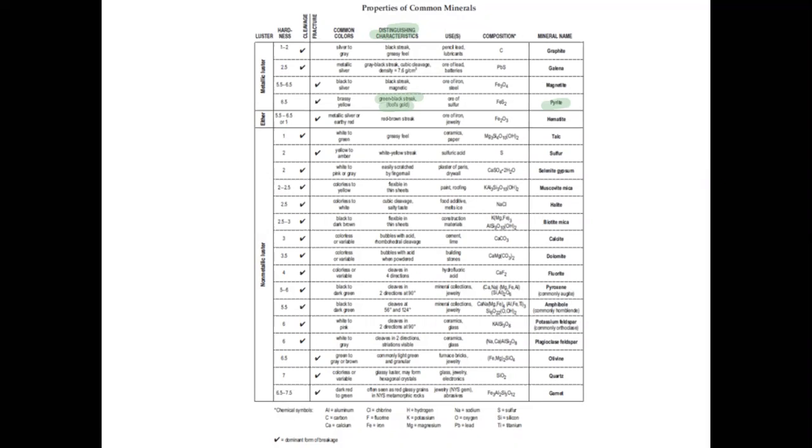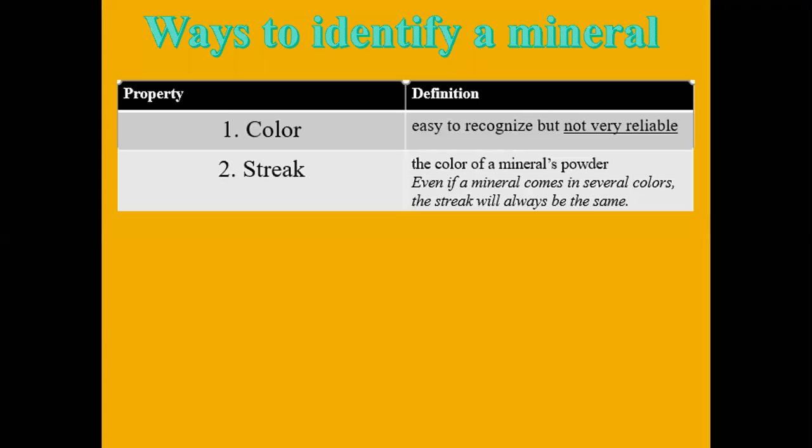So just a reminder that there's no actual column for this, but you'll usually find it in the distinguishing characteristics, or it'll be part of the question, or they're going to give you a chart that will specifically mention the streak. In the reference tables, that streak will most likely be listed under the distinguishing characteristics. Okay, so let me just erase that, and let's move on.